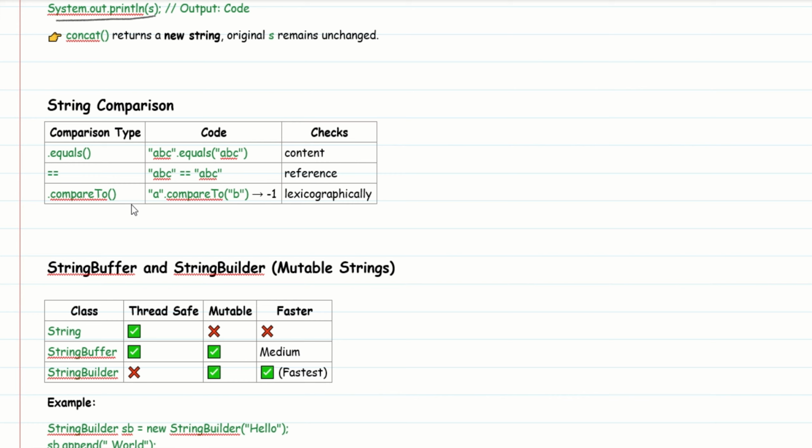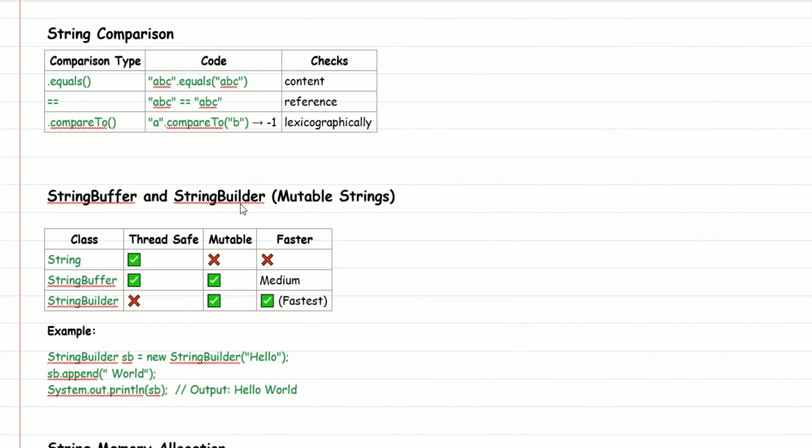It returns less than 0, for example minus 1, if the string is less than the other string, and greater than 0, for example plus 1, if the string is greater than the other string. Here you can see when you compare a to b, it will give minus 1 because a is lesser than b. In alphabetical order, b comes after a, that's why it is giving you minus 1.